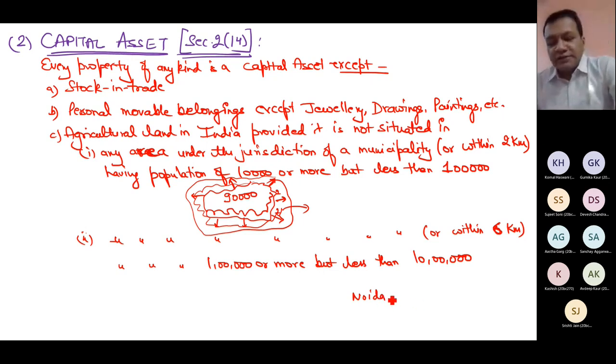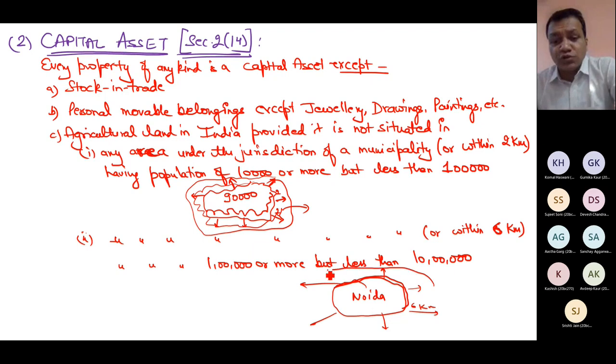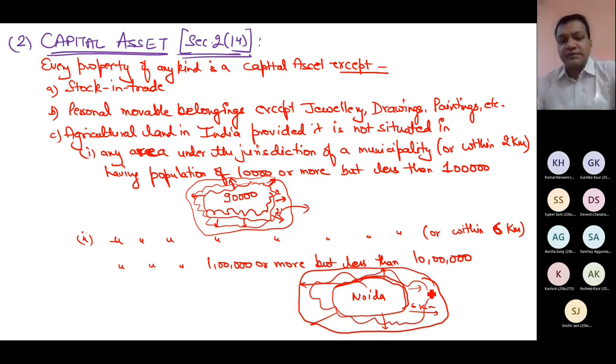If the population is up to 10 lakh, it is of course beyond 1 lakh, but if it is still below 10 lakh, all agricultural lands in Noida are to be treated as capital assets, and even up to 6 kilometers outside, those are also to be treated as capital assets. If you sell agricultural land here, then you have to compute income under capital gains.